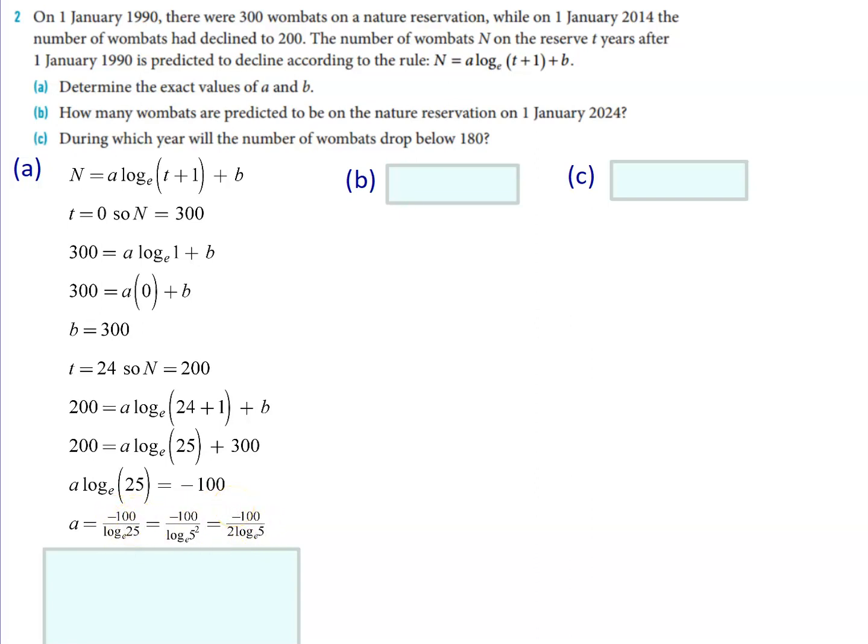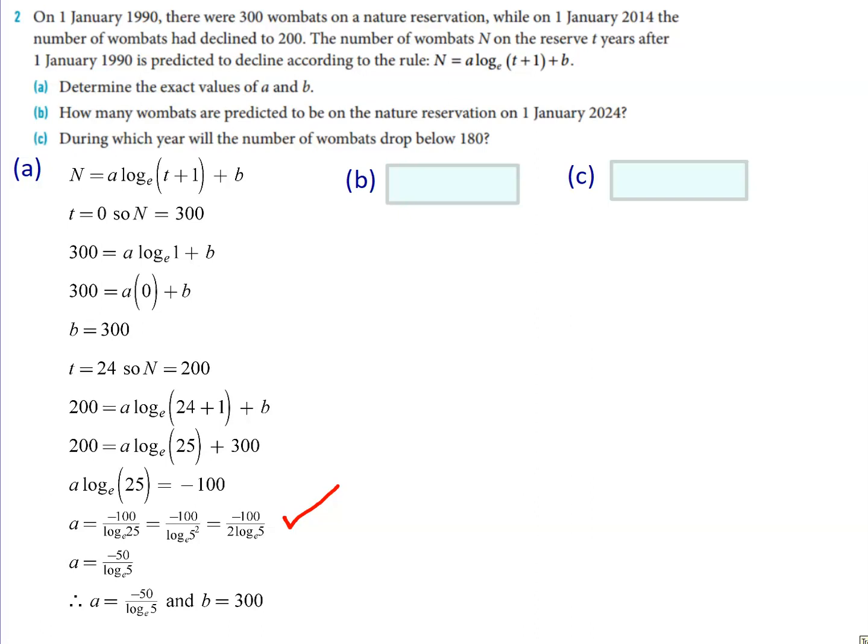I'll give that a tick. You could leave it at any one of those formats, but if you want to match the answer in the back of the textbook, they've written it like that. The 2 goes into 100 fifty times, so you end up with that. So that's your exact value for a, and that's your value for b. So that is part a done.